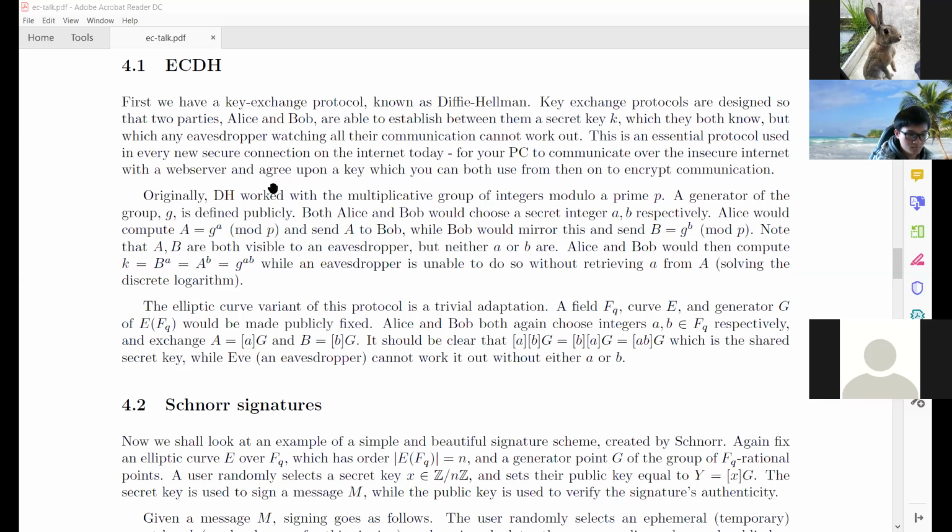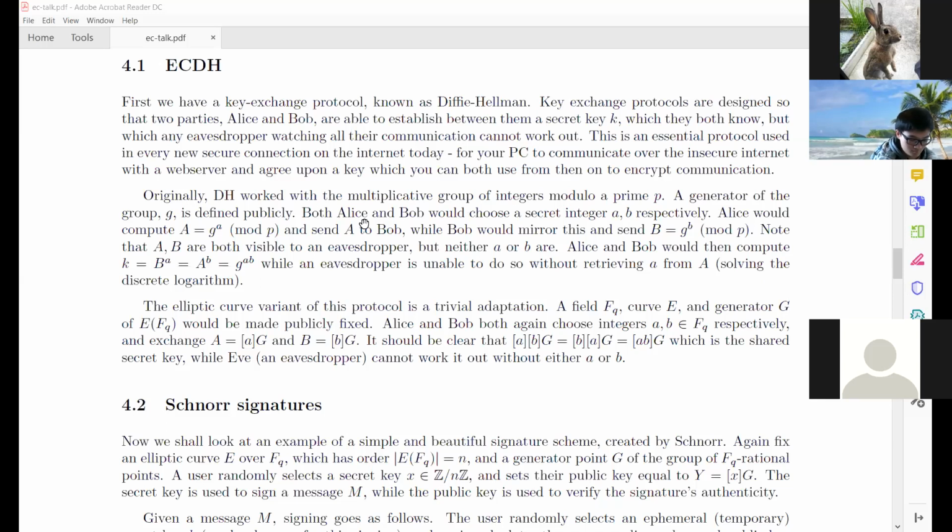And it works with, originally, the original paper works in the multiplicative group of integers modulo p, prime. So you would have this group, p would be fixed, everyone would know the same group, otherwise obviously it wouldn't work. And you would also define publicly a generator of the group, g.